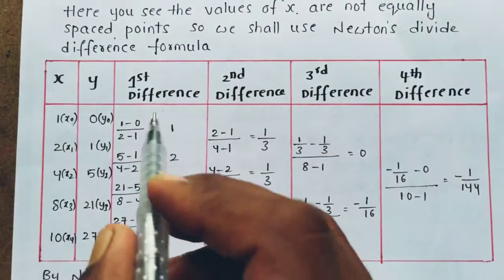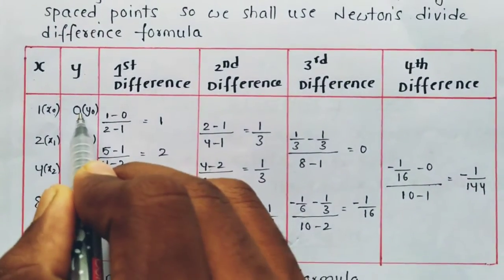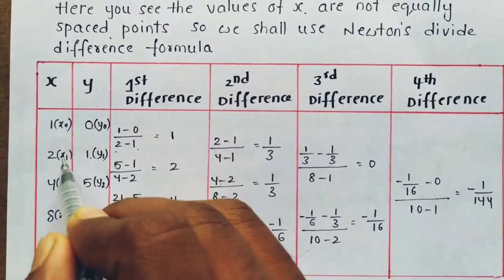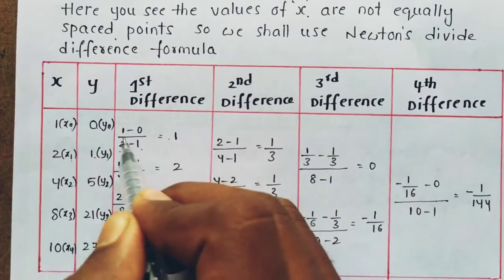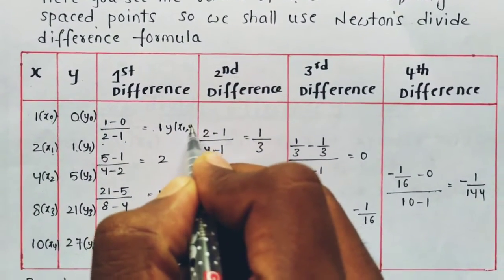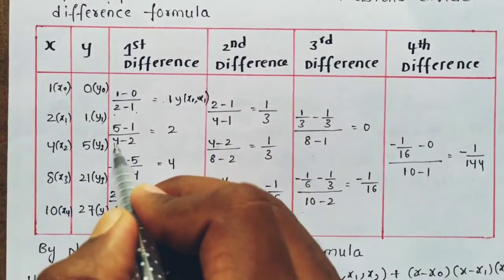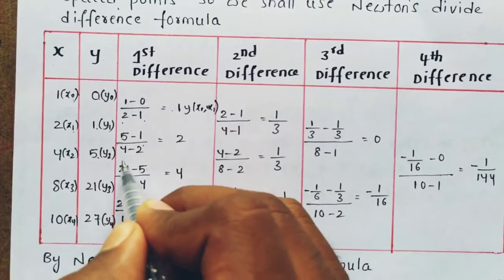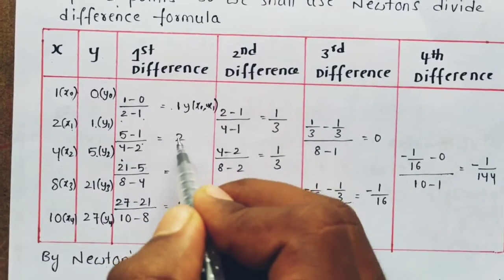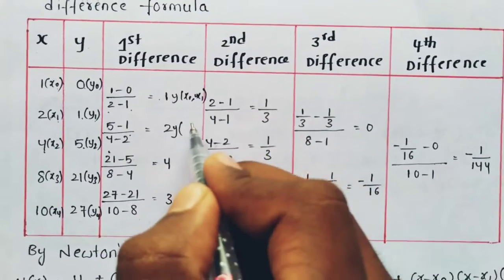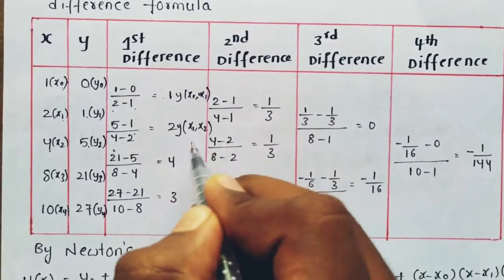Here we know the formula. The first difference is 1 minus 0, that means y1 minus y0, divided by 2 minus 1, that means x1 minus x0, which gives y of x0 x1. Similarly, the second one is 5 minus 1 divided by 4 minus 2, which gives y of x1 x2.